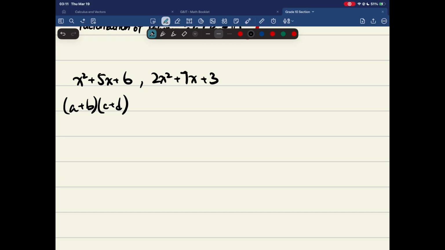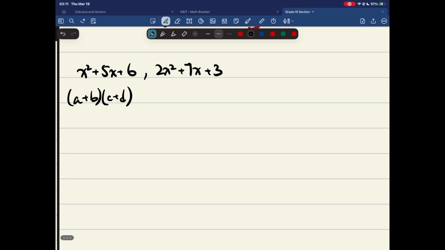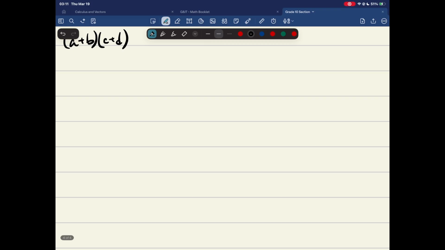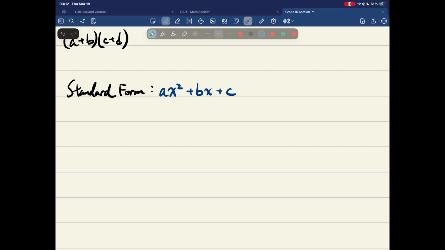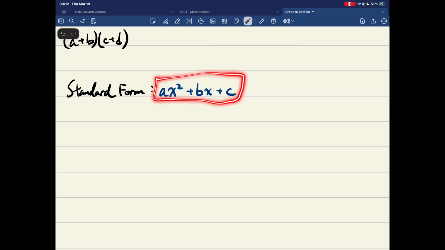For the first step, we would factor simple trinomials. So we have the standard form, ax squared plus bx plus c, and I will be referring to this expression for this video.